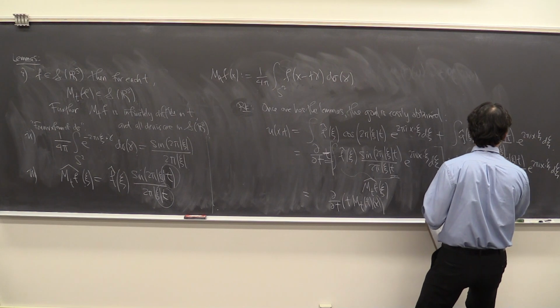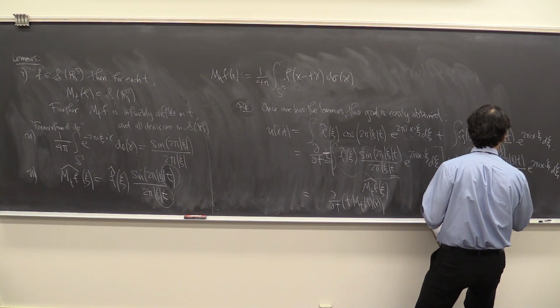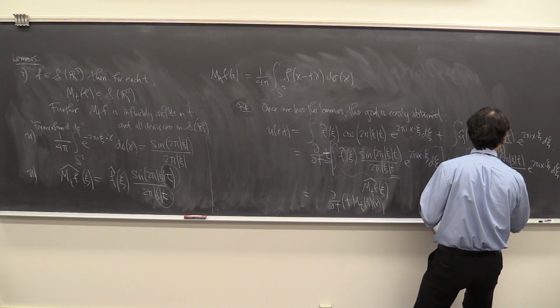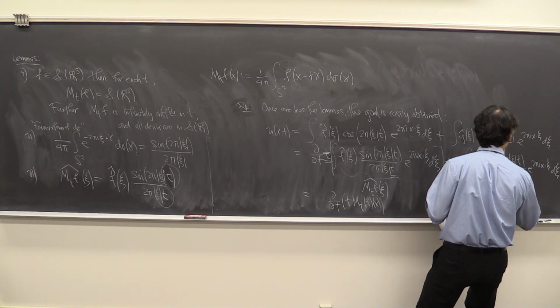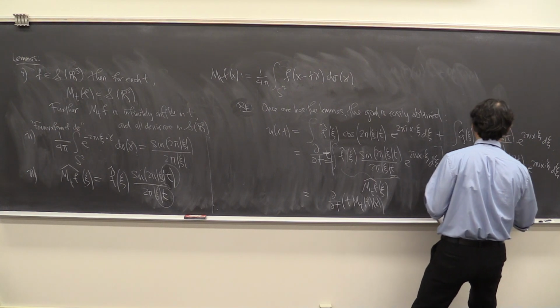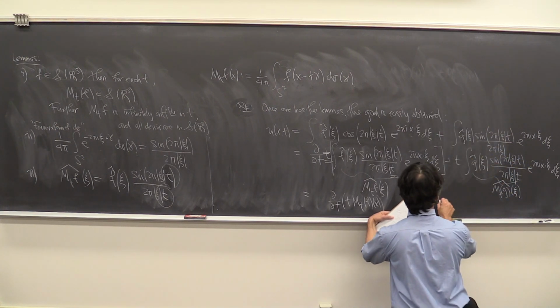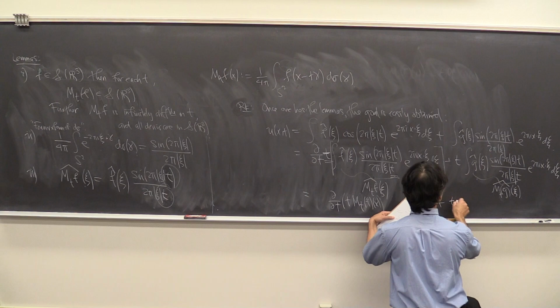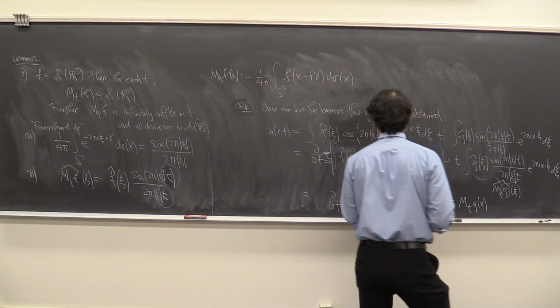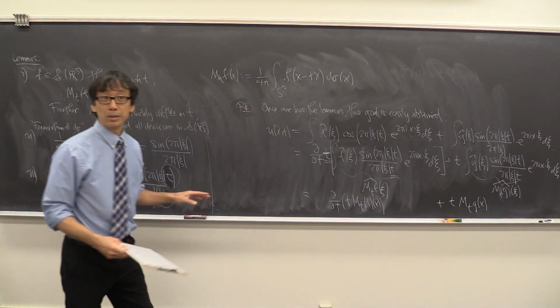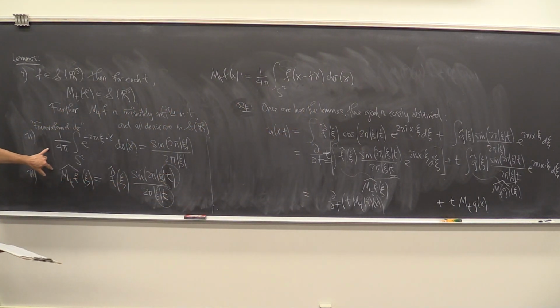This thing is now m sub t g hat of c, right? And so we end up with this t times m_t g of x, right? So once we have these lemmas, then the translation is immediate.